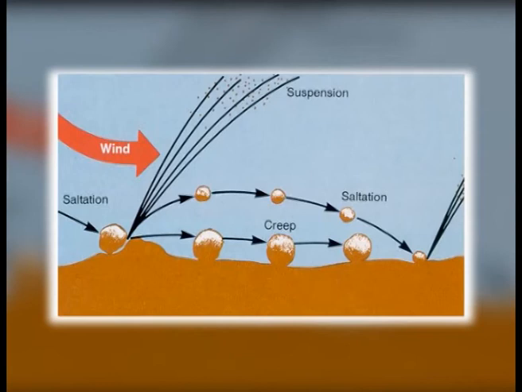Wind action transports eroded material above or along the surface of the earth, either turbulently, particles moving in all directions, or by laminar flow, in which adjacent sheets of air slip past one another. The transportation of wind-eroded material continues until the velocity of the wind can no longer sustain the size of particle being transported, or until the wind-blown particles collide with or cling to a surface feature.